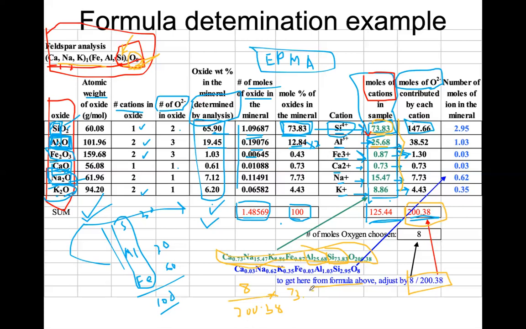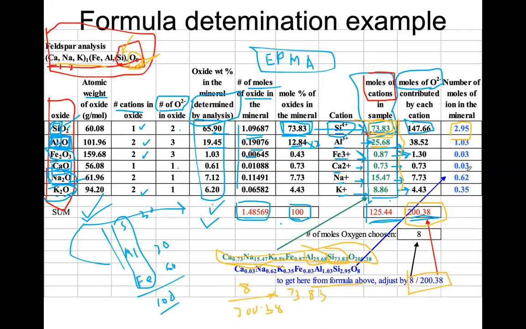So you get silicon, if you multiply this 73.83 by this ratio, by this factor, you will get 2.95. Okay, you get 2.95. Right.